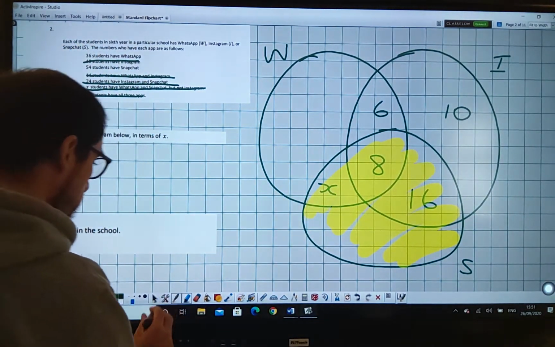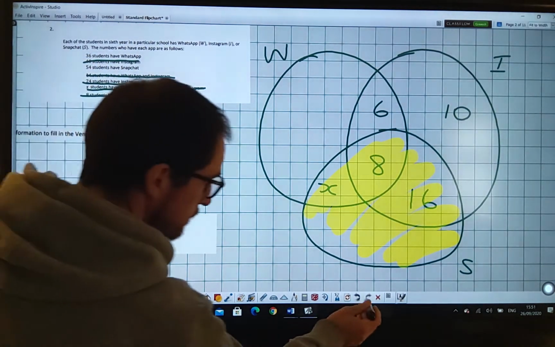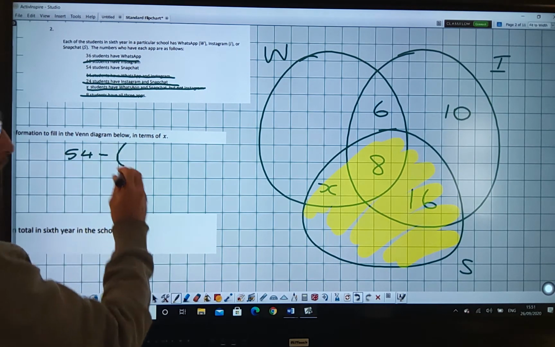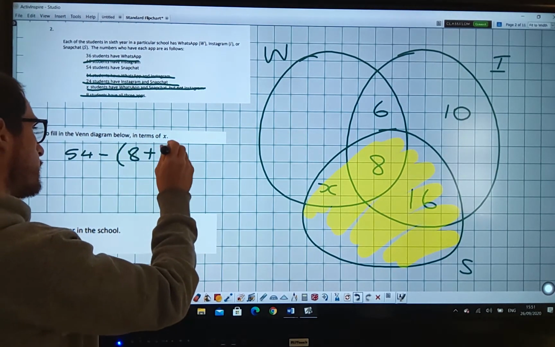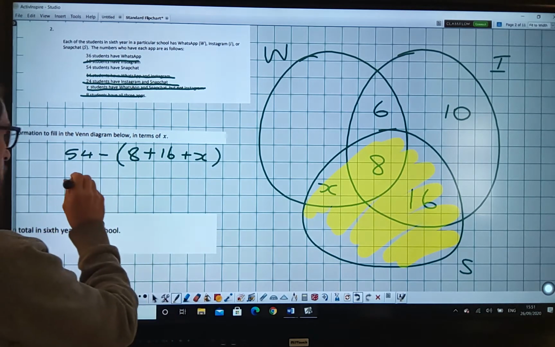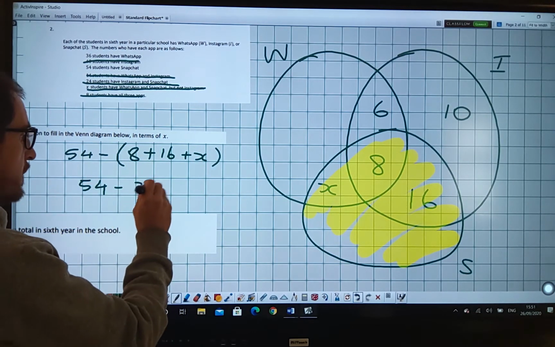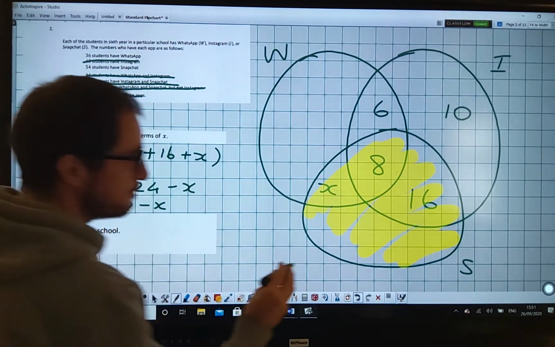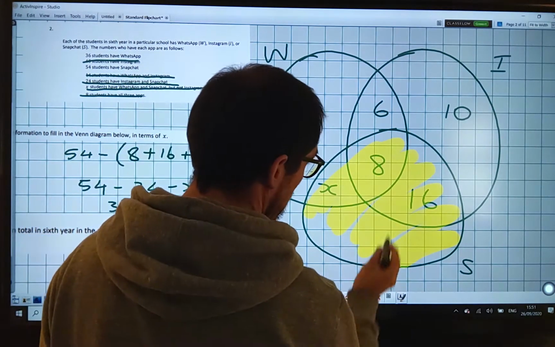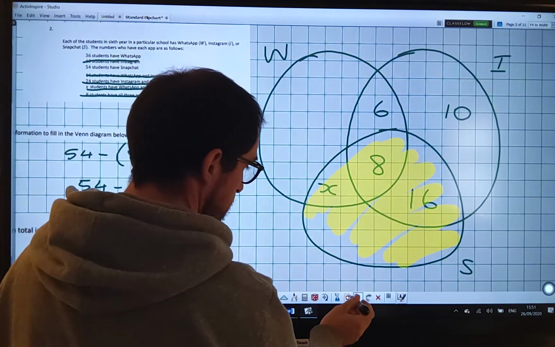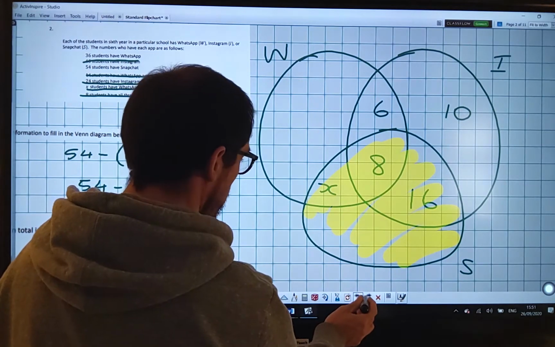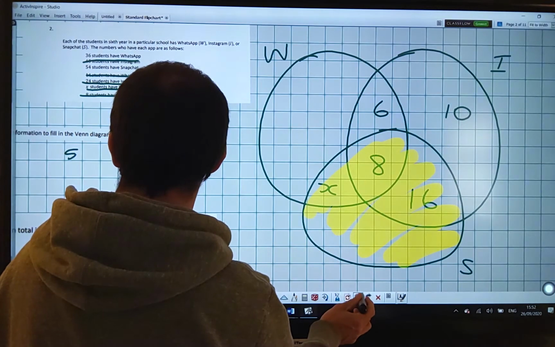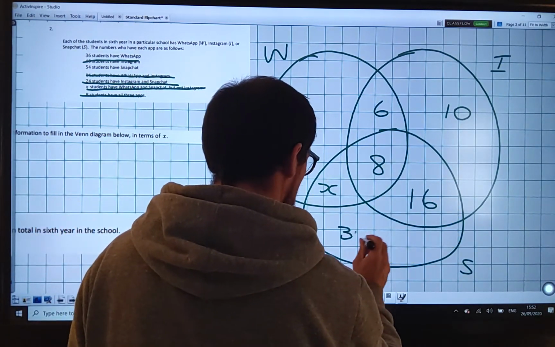So the way we work this out mathematically is as follows. 54, take away 8 plus 16 plus X. So that's 54 minus 24 minus x, which is 30 minus x. So that area there will be 30 subtract x. That's how you work that out.